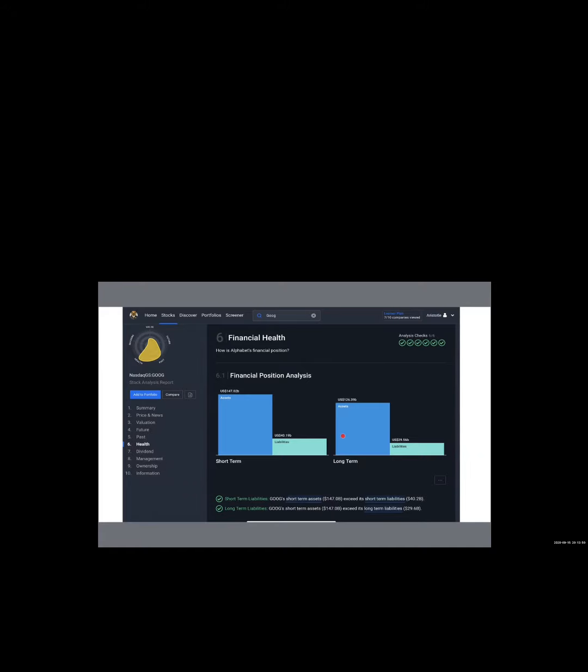So for instance, if you have student loans plus car loans plus housing loans plus all of these loans and all this debt, you have a lot of liabilities, and then your assets are probably down here.